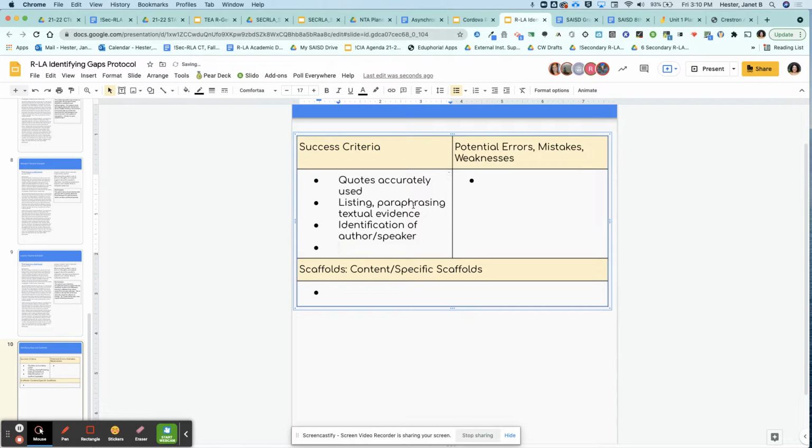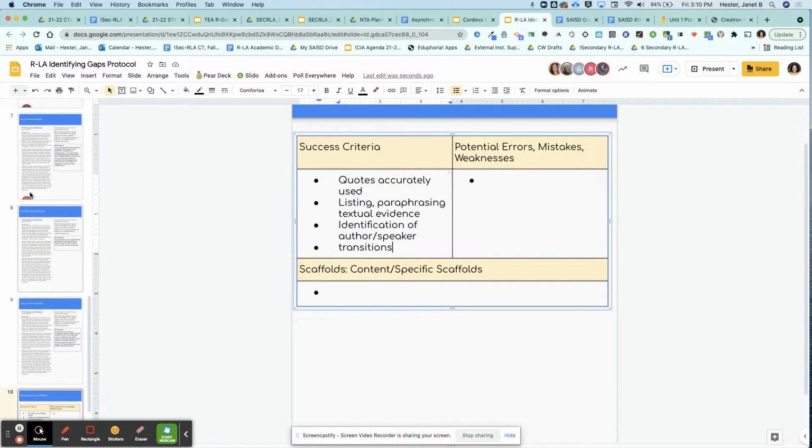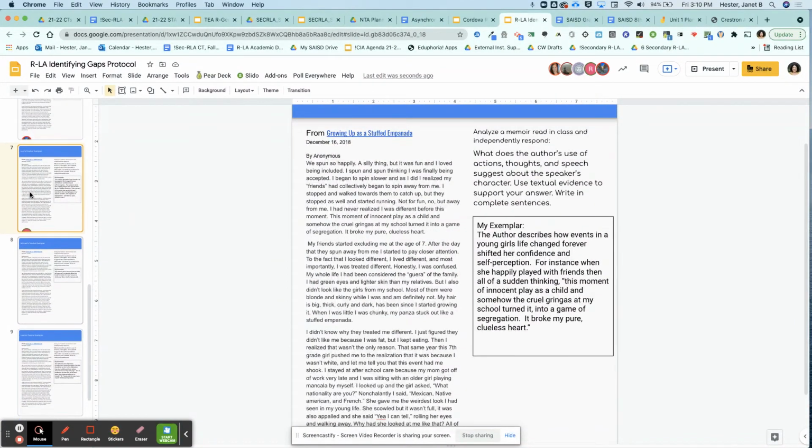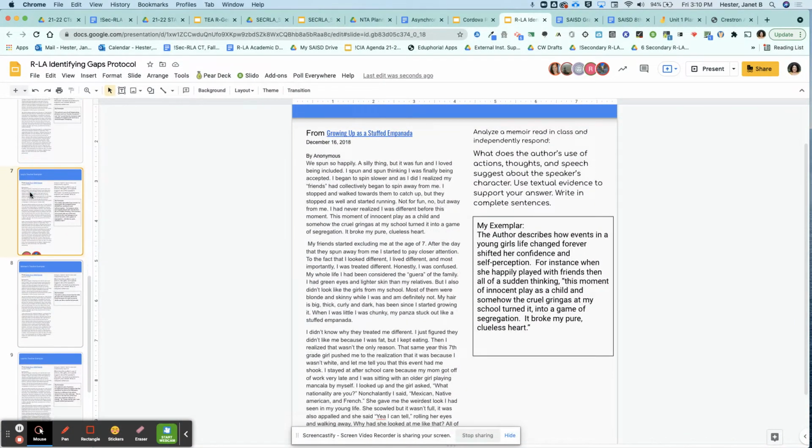I also wanted to mention that we teach transitions in our writing, right? But the use of transitions is a form of success criteria we saw in these exemplars. Yeah, Lucy used transitions really well in her response, so it's not such a cold shift.